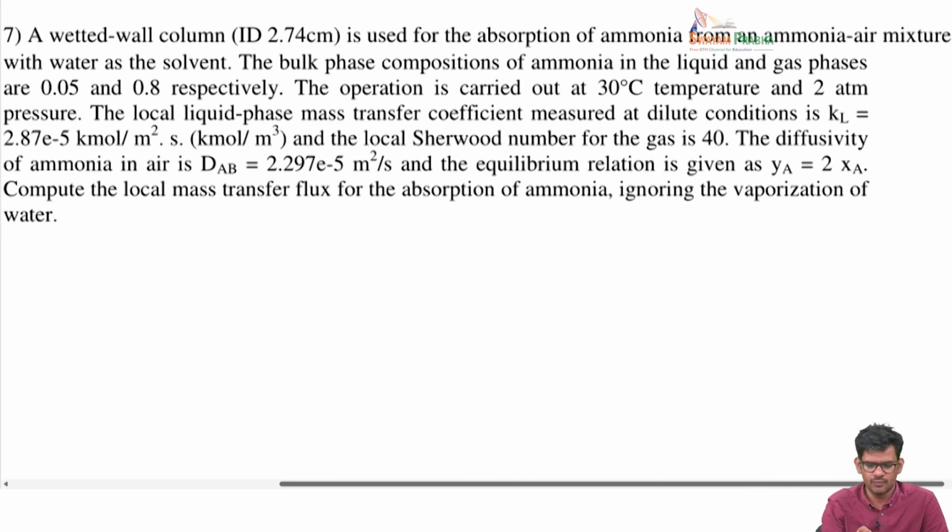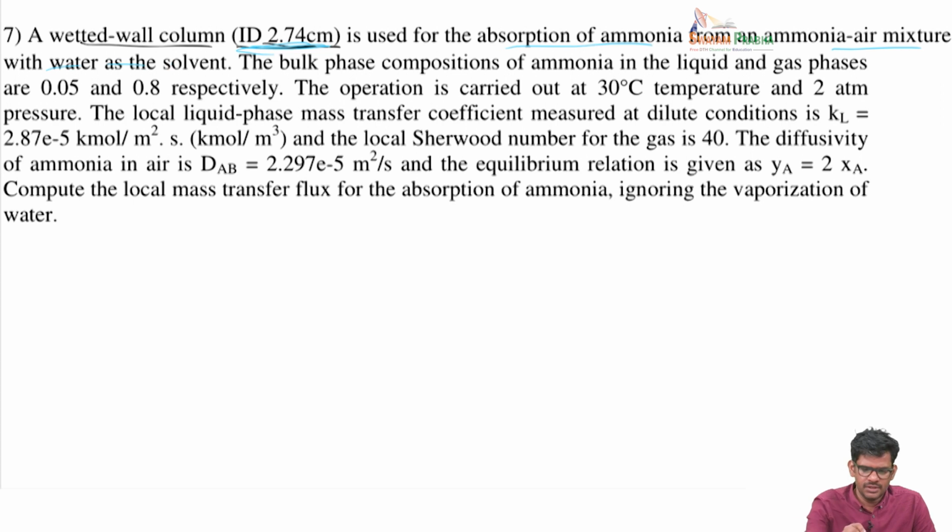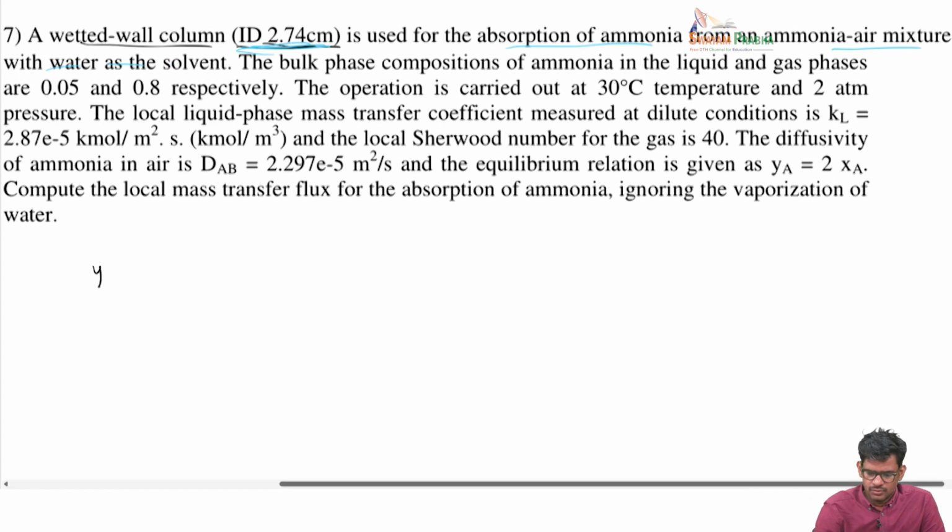So we have a wetted wall column, and some diameter is given. Maybe this information may be useful for us somewhere. This is the absorption of ammonia from an ammonia-air mixture with water. Clear-cut, A diffusing through non-diffusing B, an absorption problem. And what is given? yAG and xAL.